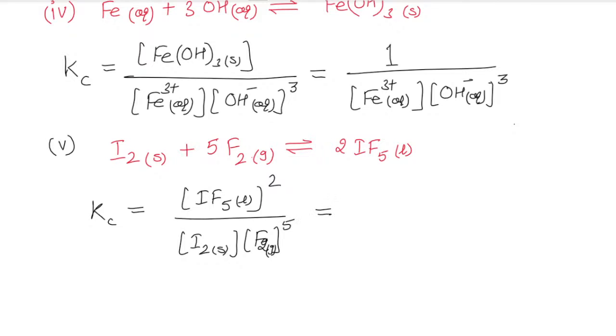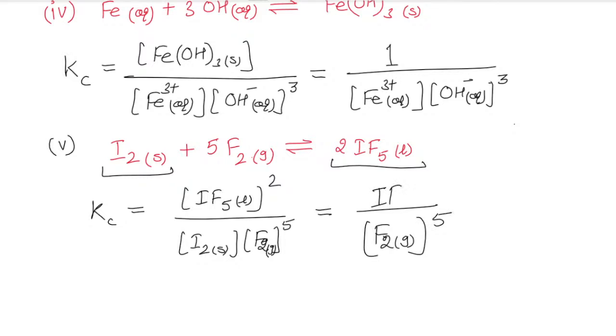Obviously this is a pure solid. Both should be omitted, because IF5 is a liquid, so its expression should be 1 upon F2 gas raised to power 5. And for the sake of convenience, you can write it for the product as well if you wish to, but there is no need to write it. Okay. So these are the expressions. This is question number 4.